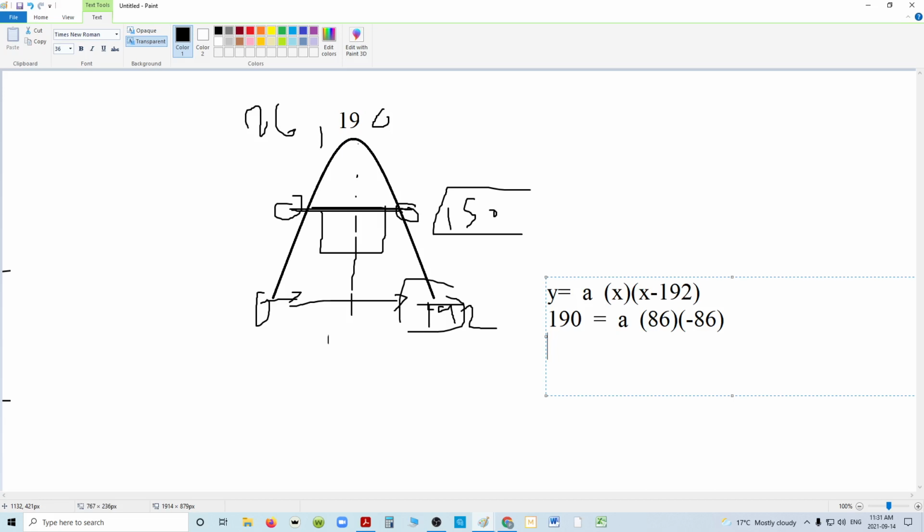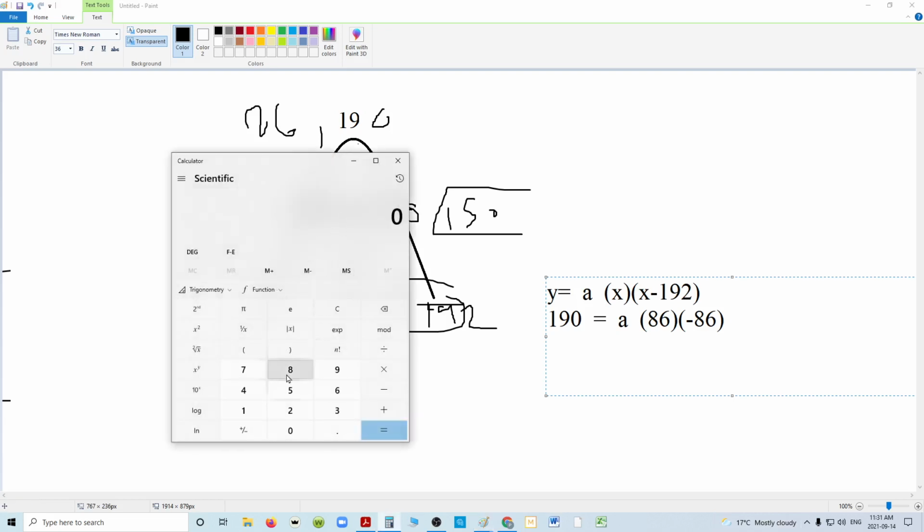Then I multiply them out, I get some crazy number, doesn't matter what it is, and it's going to be a negative. So I get this.